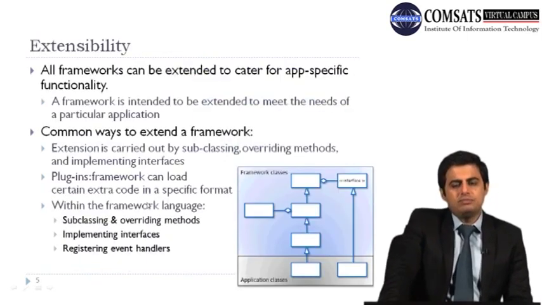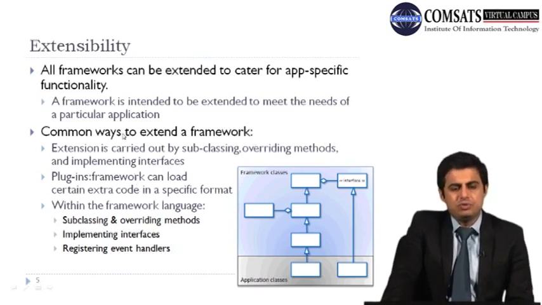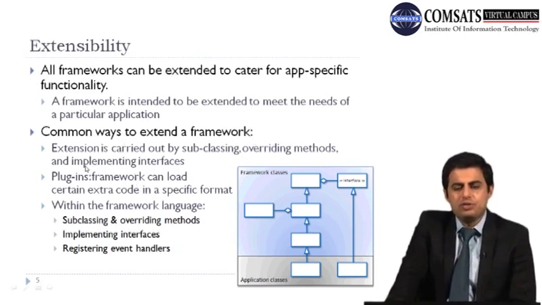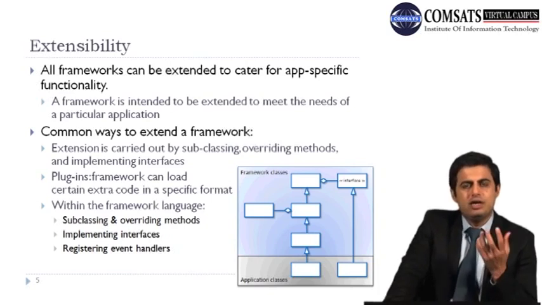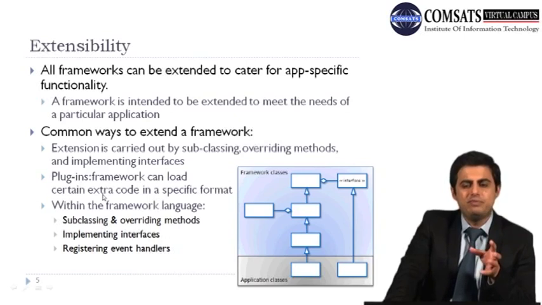Okay, so if we talk about extensibility of frameworks, what does it mean? I told you extensibility is when you are extending a framework. Why do you need it? Sometimes a particular application cannot be fully developed by the framework which you have chosen, so it is intended that you add some other features to that framework.